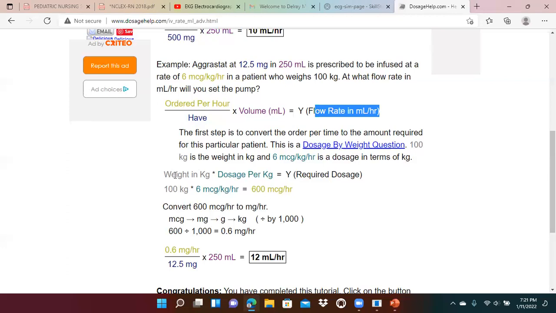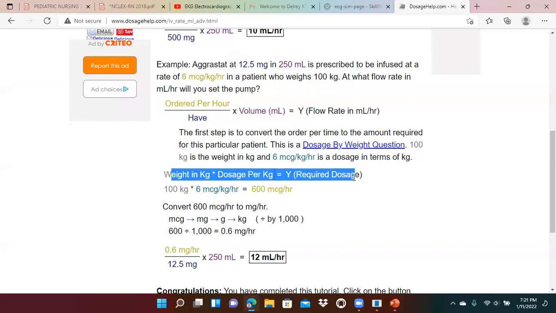So weight in kilogram times dose per kilogram gives the required dose. So 100 times 6 is 600 microgram.